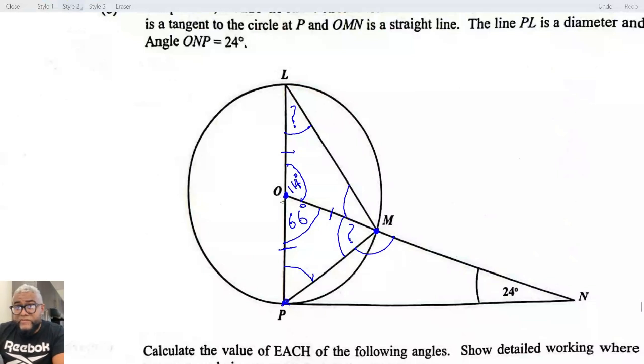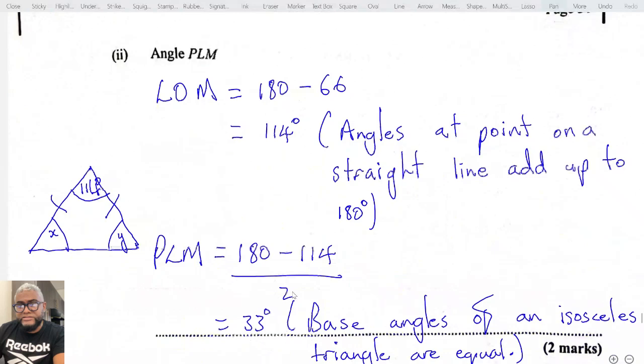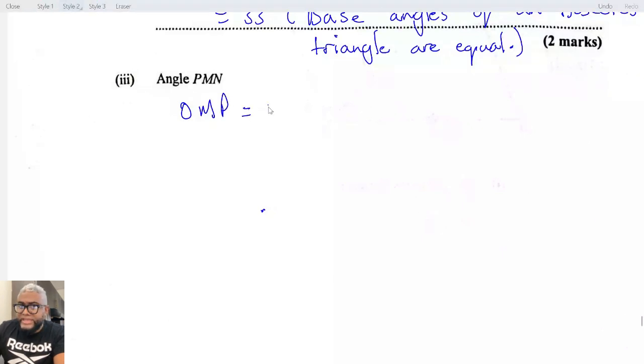We're going to proceed to find OMP first. So watch what OMP would be equal to. Scrolling down. OMP is what we're going to find first. OMP would be equal to 180 minus 66 divided by 2.